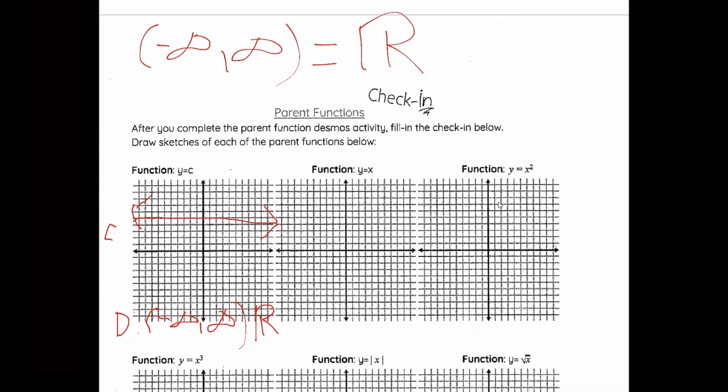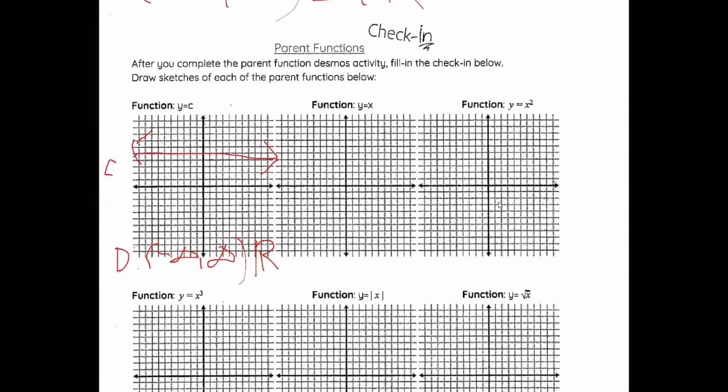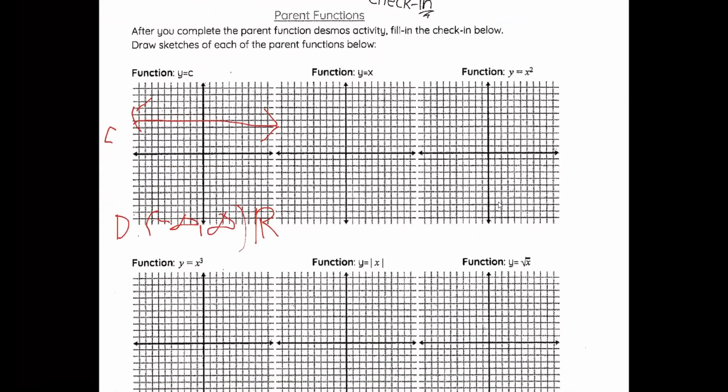It has every number. So I might use that symbol for some of these just because it's shorter to write. Our range would just be your c value. Whatever your c value is, that's the only y value you'll have in a function like this.